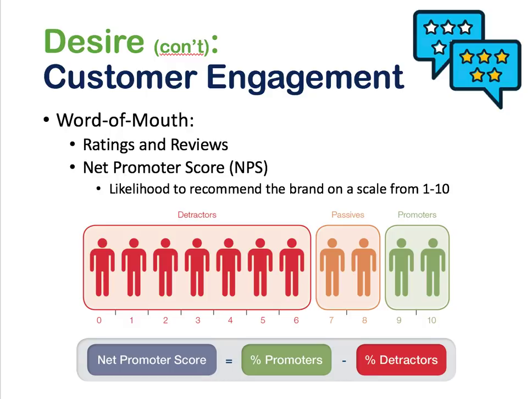They have a negative impact on the word of mouth. Anyone who rates a 7 or 8, the orange people in the middle, are our passively satisfied. We can make the leap that they are at least somewhat satisfied with our product or service, but they're not going to actively go out and spread the gospel.